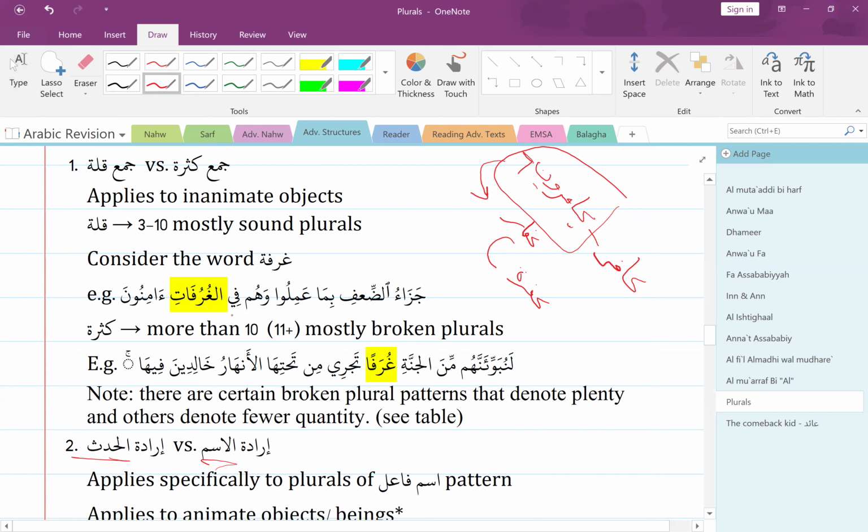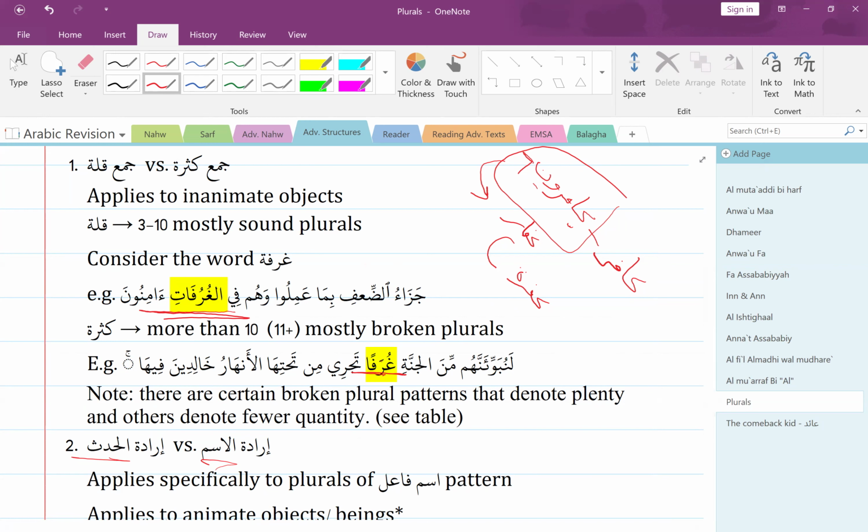When Allah uses ghurufat, then less is intended, 3 to 10. But when he uses ghuraf, more is intended. It's a lot more in that sense. So that's the distinction there.